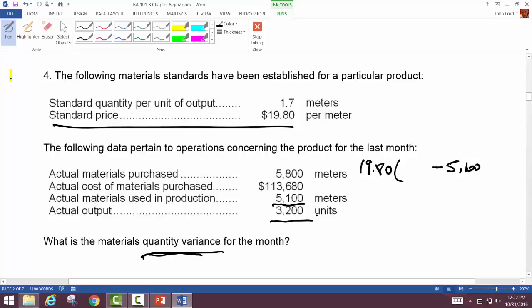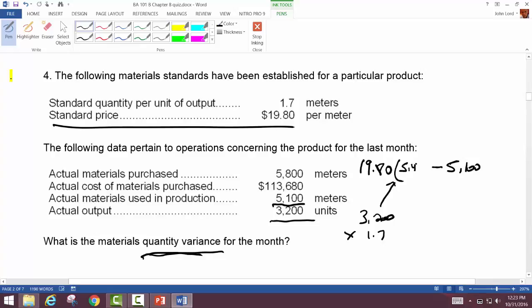Actual output, right, Ken, of 3,200 times, I'm supposed to use 1.7 meters, right? So 3,200 times 1.7 is 5,440.